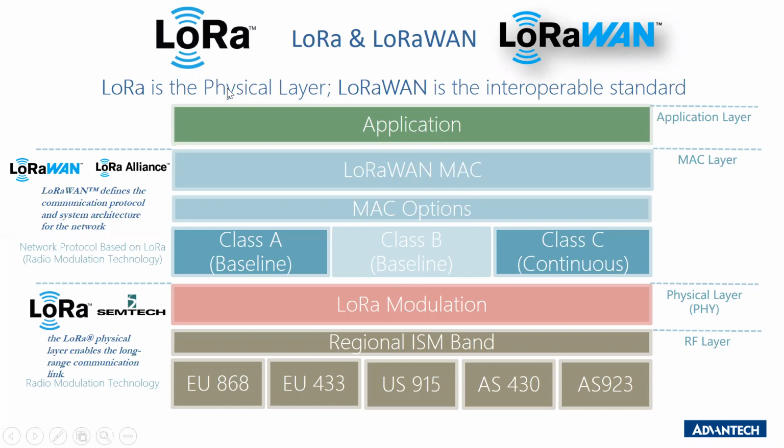LoRa is the physical layer, all right? LoRaWAN is the interoperable standard that's built on top of that physical layer. So LoRa is just the band, the ISM band by region. For our case, in the U.S. and Latin America, we're all in the 915, so that's fine. That's us here, 915.